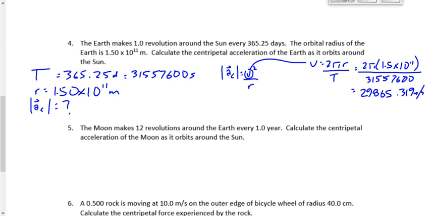Think about what that means. The Earth right now is traveling at 30,000 meters per second as we stand on it. Yeah, it actually varies a little bit depending upon where it is in relation to the sun, but it's more or less 30,000 meters per second at all times.